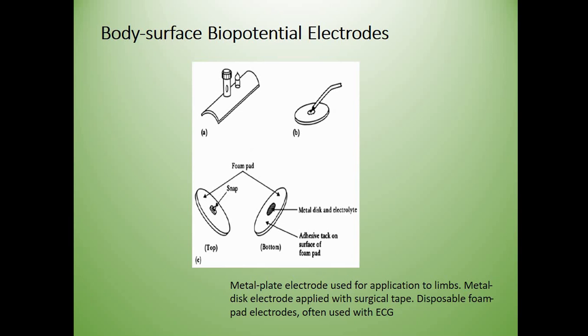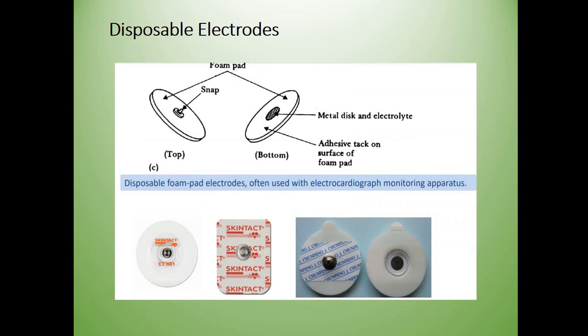These types of electrodes are used for application to the limbs. They are available in the disposable type of foam pad electrodes, which are often used for capturing of electrocardiograph signal. So these are the different types of disposable electrodes.